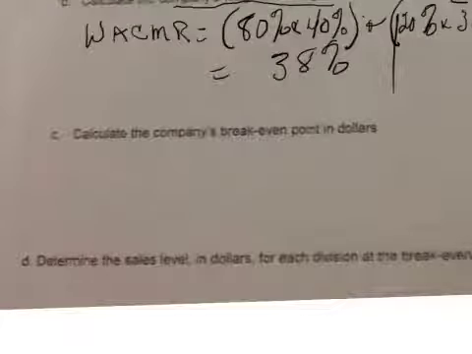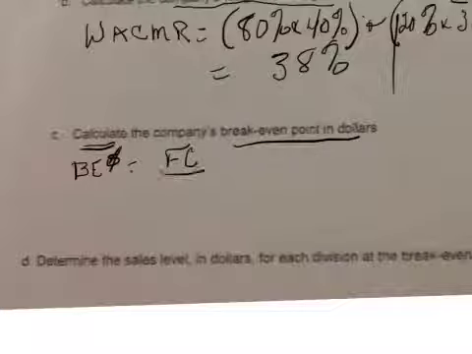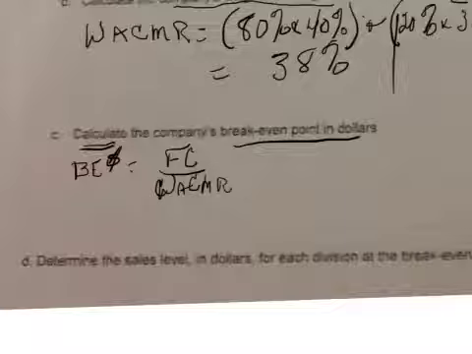Now they ask us to calculate the break-even point in dollars. Well, the break-even in dollars is going to equal the fixed costs divided by the weighted average contribution margin ratio.